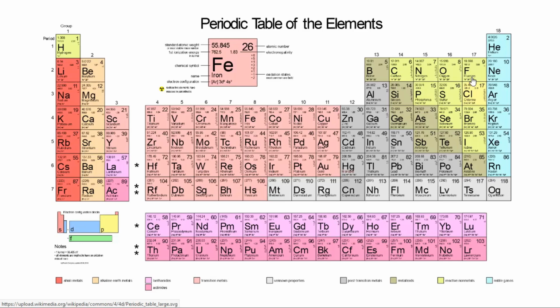So because of that, as we go down the group, the reactivity is decreasing. So here it is because the electrons are lost, here because the electron is gained. So it's easier for fluorine and chlorine to accept electrons than bromine and iodine.